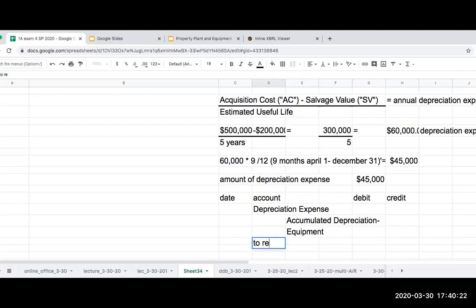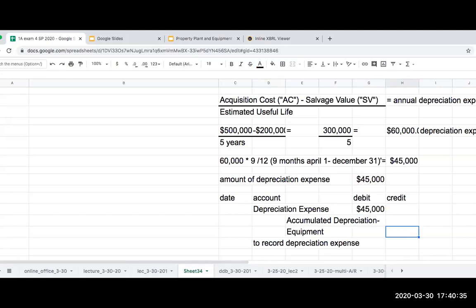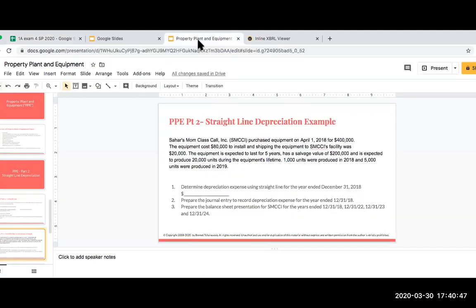This is always the structure I use to record depreciation expense. It never changes. So here I'm debiting this for $45,000, crediting this for the same dollar amount, and this is going to be on 12/31/18.